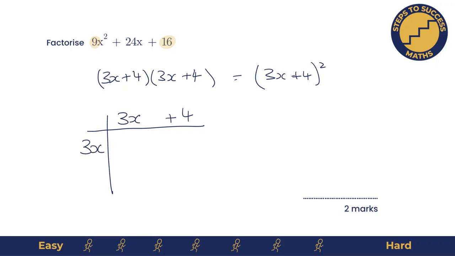So 3x plus 4, 3x plus 4. Then we've got 9x squared, and at the end we've got the plus 16. And then these terms in x, we've got 3x times 4 is 12x, and 4 times 3x is 12x. So you can see it makes 24x.